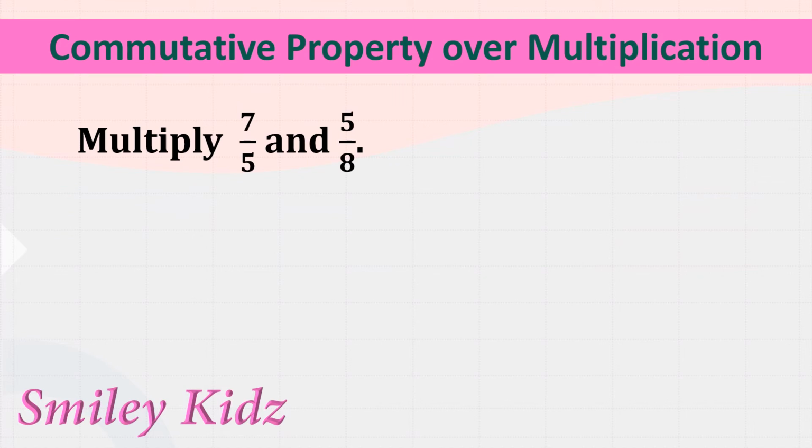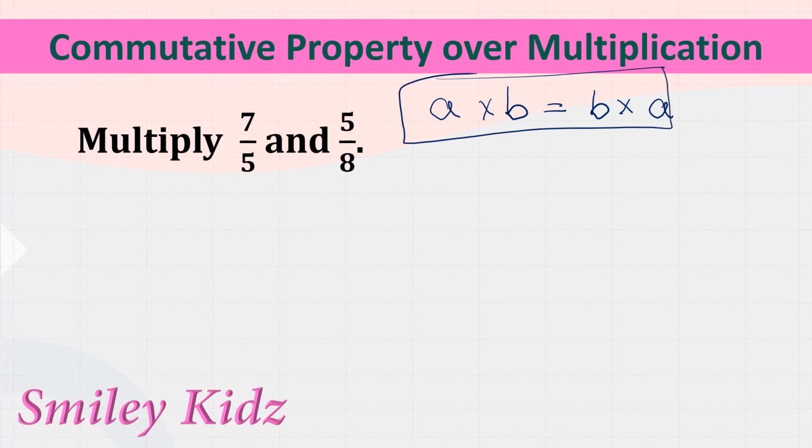Commutative property over multiplication. Multiply 7 by 5 and 5 by 8. So the property is A multiplied by B is equal to B multiplied by A. So let's see whether this property is satisfied or not.